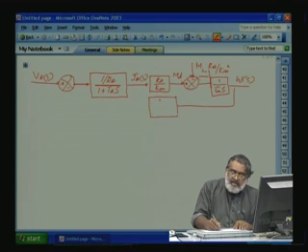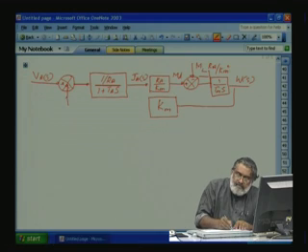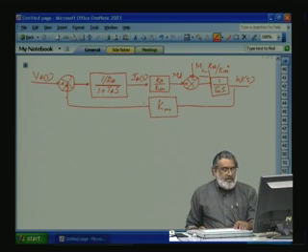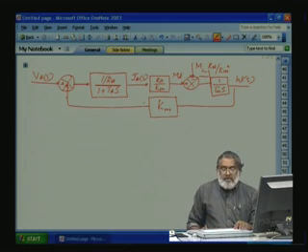That K phi we have taken as Km now, this is the back EMF.